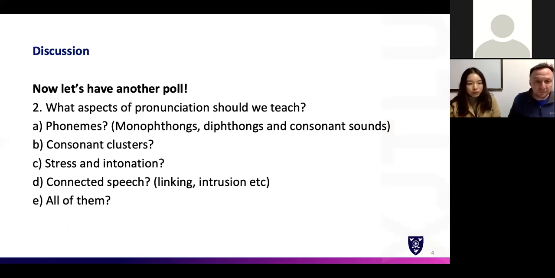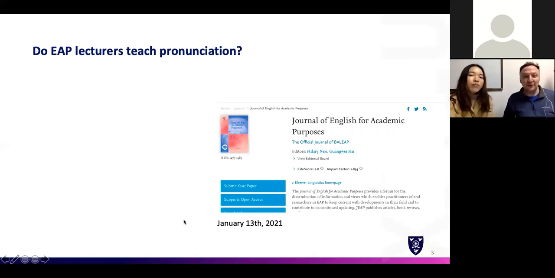Connected speech features like linking and intrusion. They might have something on consonant clusters, but they hardly ever have anything on phonemes. Mitchell is right. It's expected that students are okay with phonemes already, but we know ourselves that's probably not the case.